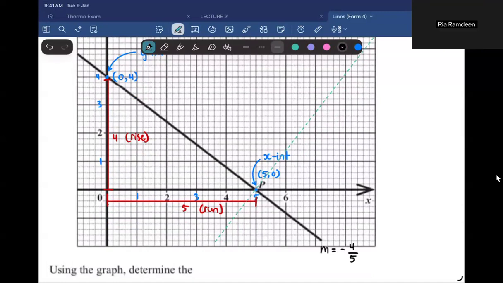Yes. Anytime you have two perpendicular lines, how are the gradients related to each other?